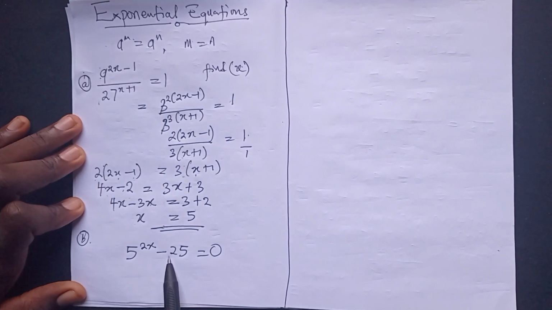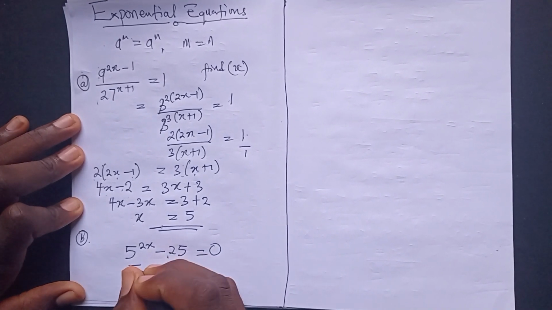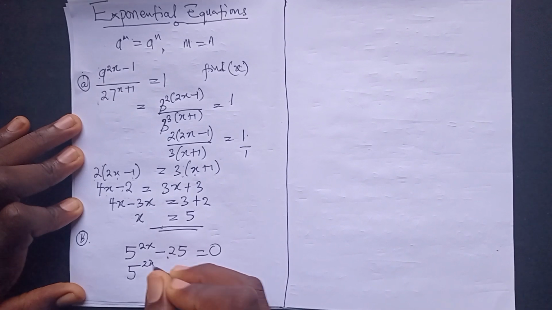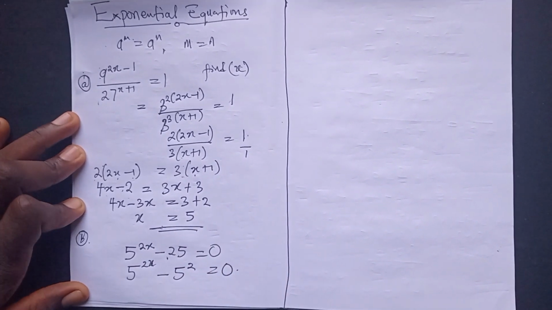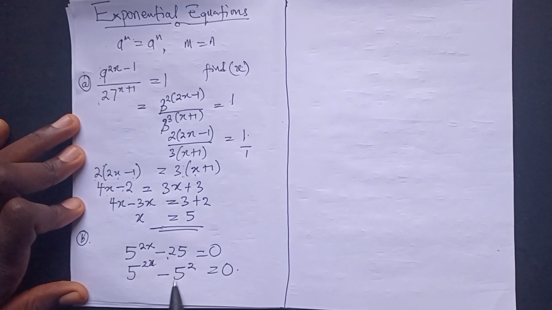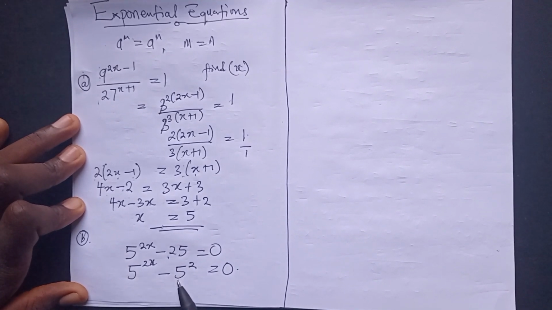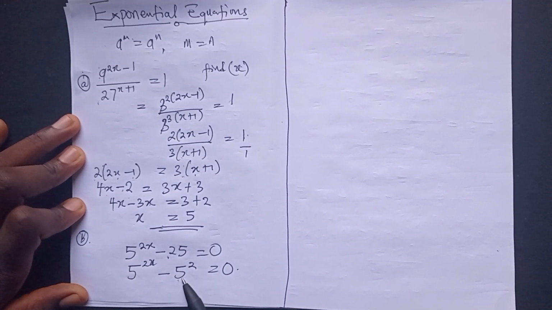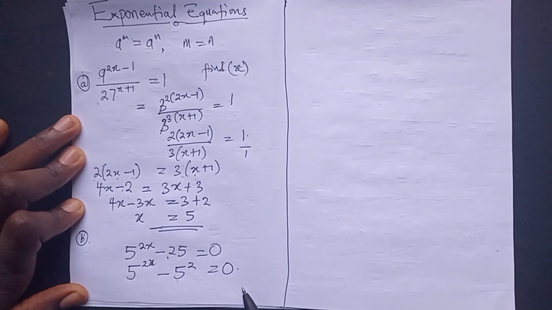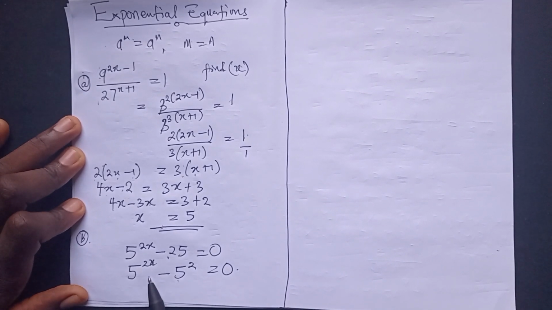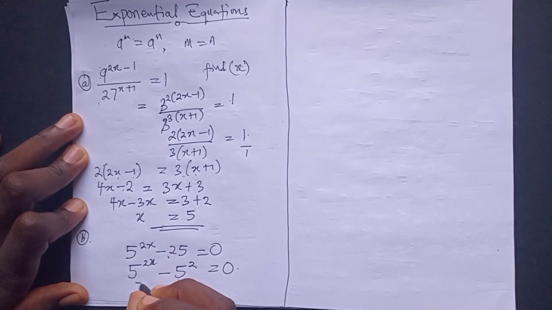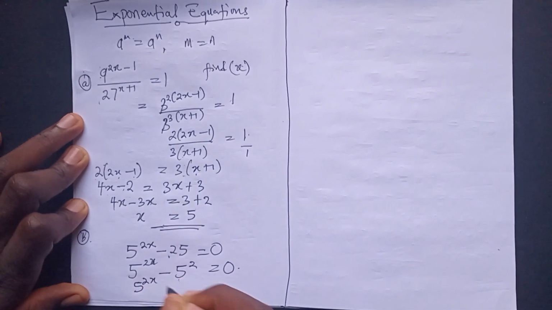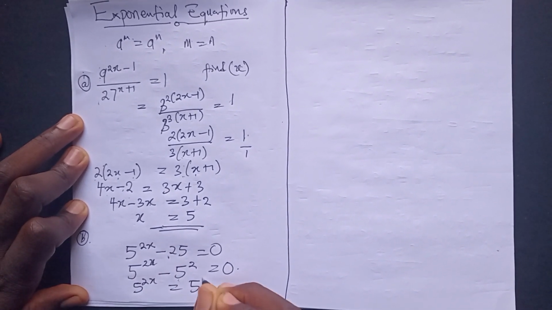So turn this to lowest form of indices, which is 5 raised to power 2x minus 5 raised to power 2 equal to 0. If you take minus 5 raised to power 2 to the other side of the equation, since it is carrying a negative sign, it turns to a positive. So it will give you 5 raised to power 2x equal to 5 raised to power 2.